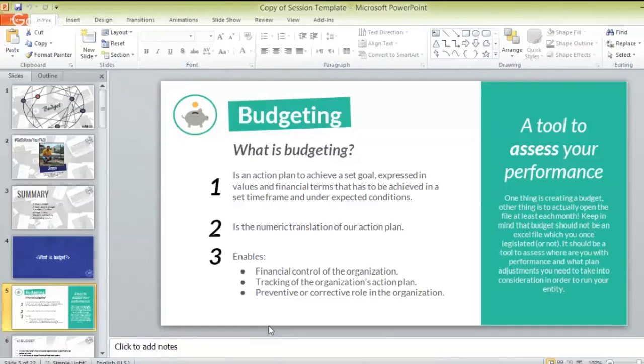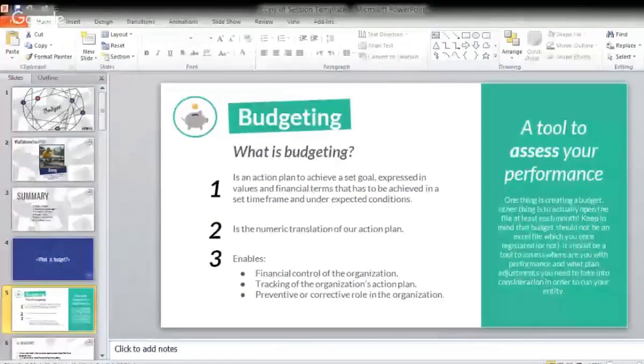It's a translation from a plan into an action, translated into numbers, revenue, expense, and profit, which makes me able to track more how we are doing on the organizational level, performance, and everything. So this is mainly what is budgeting.